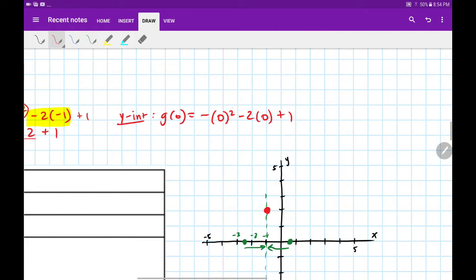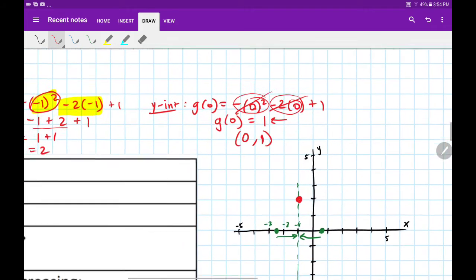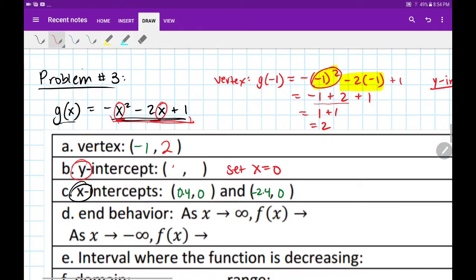Okay, well, 0 squared is 0. This whole thing cancels. And then this guy turns into 0 also. And I'm left with g of 0 equals 0 plus 0 plus 1. And so my y-intercept is going to be, remember, this is our y value, so it needs to go in the y spot. And our x, we had set it equal to 0. My y-intercept is 0, 1.